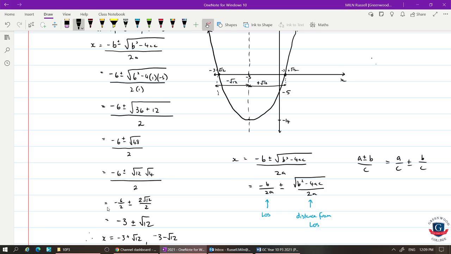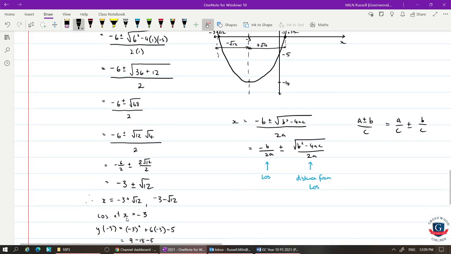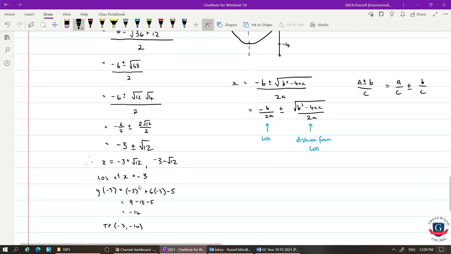Break this fraction up. We end up with -6 on 2 plus or minus 2 root 12 divided by 2, the 2s will cancel. 6 divided by 2 is 3, -3. So your two solutions are going to be -3 plus root 12 and -3 take root 12, with the line of symmetry at x equals -3.